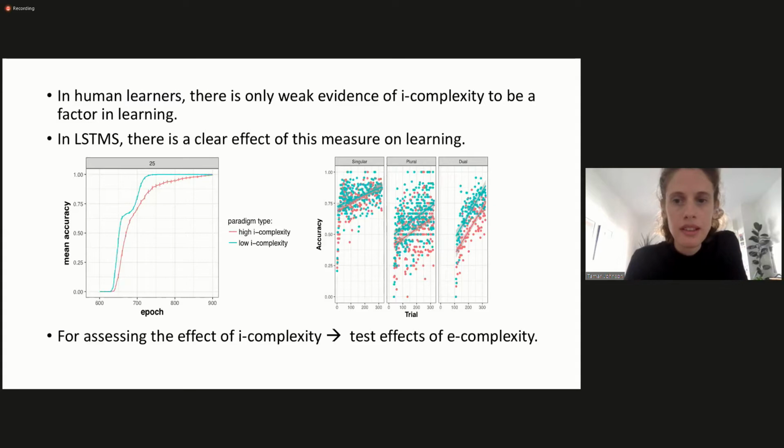And then to assess the effect of I complexity and test whether it is a meaningful factor in shaping morphological paradigms, it was worth comparing it against other measures of morphological complexity and their effect on paradigm learnability, such as the E complexity measure that I mentioned at the beginning of the talk. So we trained both LSTMs and humans on another type of language with higher E complexity, and then we compared their performance to the previous results.